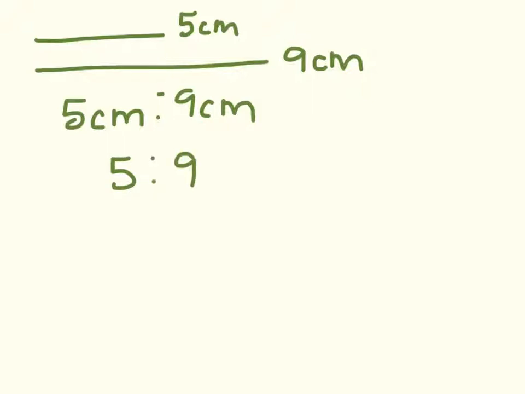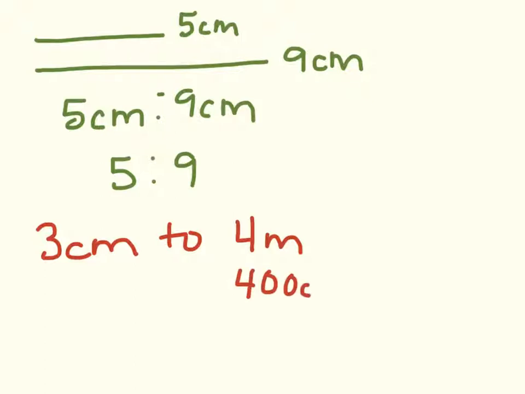If you want to use a ratio to compare two quantities that have different units, such as meters and centimeters, or feet and inches, you must first express the quantities using the same unit. Let me show you an example. Let's say we want to compare 3 centimeters to 4 meters. They have different units, so we cannot write a ratio for these. However, we could express 4 meters as 400 centimeters.